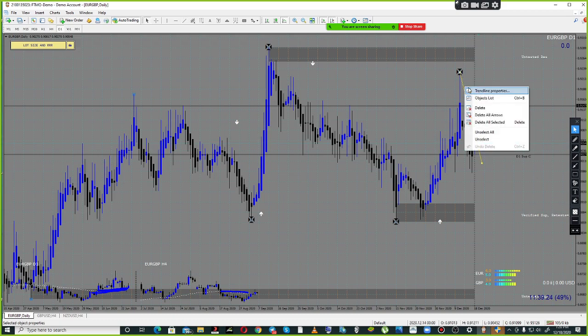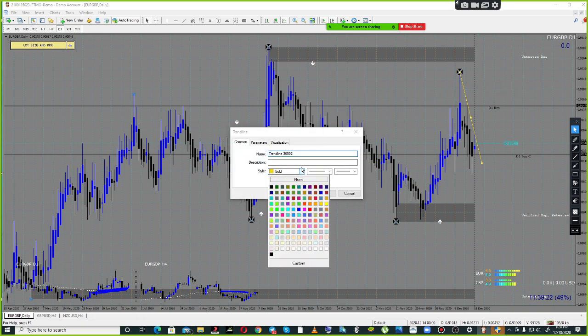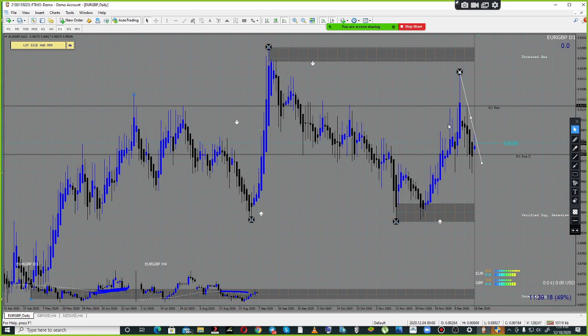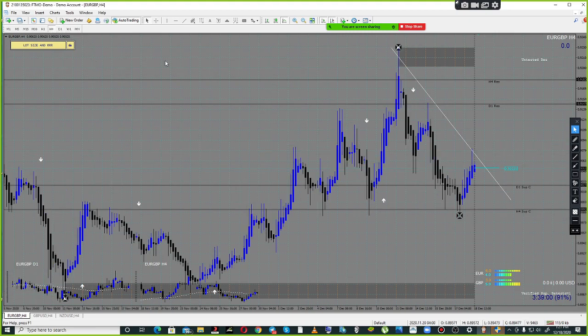Do you see the trend line that I drew for you? This is the daily time frame. How many candles do we have there? A few, right? 1, 2, 3, 4, 5, 6, 7 candles.